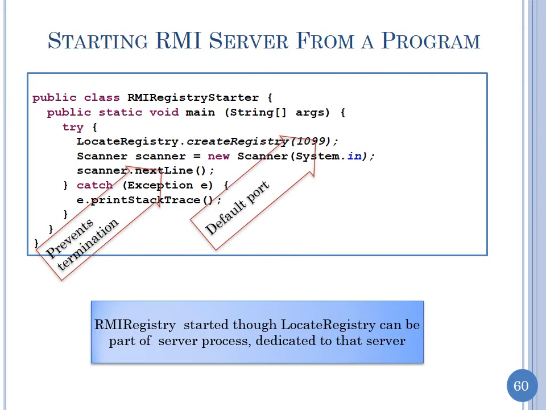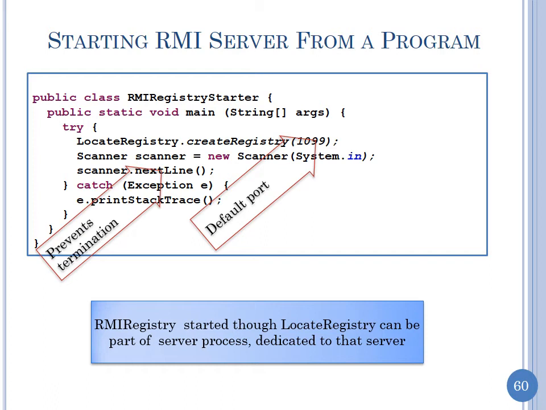Not enough, you also have to have a name server, and that name server can be part of your real server, part of the counter server in our example, but it's more flexible to have it as a separate process. So this shows you how to start the RMI server process. All you're doing is starting a piece of code, so there's nothing conceptual here, except you have to know the details of this call.